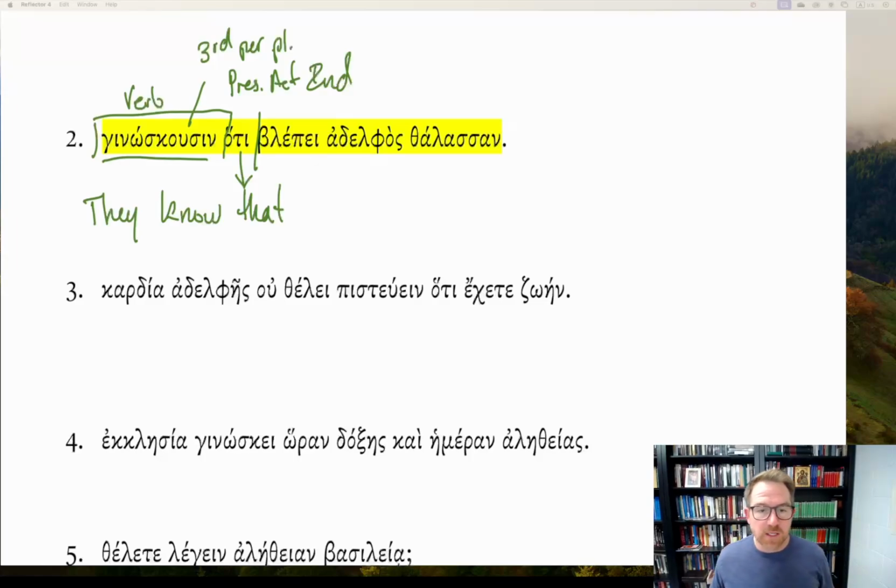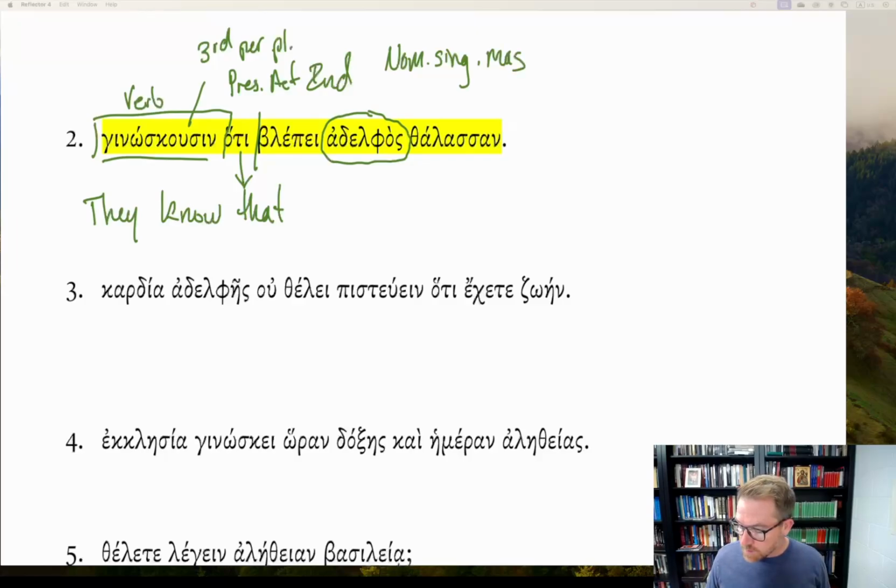Blepei adelphos thalassan. Now, this is where it's really important to pay attention to case. Adelphos is a noun, and adelphos is what case? Nominative, genitive, dative, or accusative. This is a nominative, singular, masculine noun.